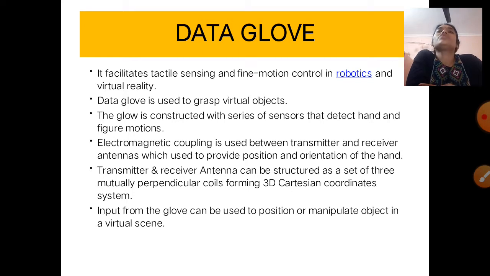Electromagnetic coupling is used between transmitter and receiver antennas, which is used to provide position and orientation of the hand. Transmitter and receiver antenna can be structured as a set of three mutually perpendicular coils, forming a 3D Cartesian coordinate system. Input from the globe can be used to position or manipulate objects in a virtual screen.